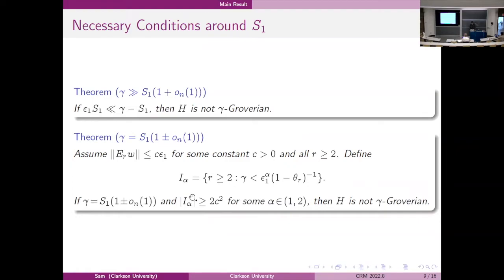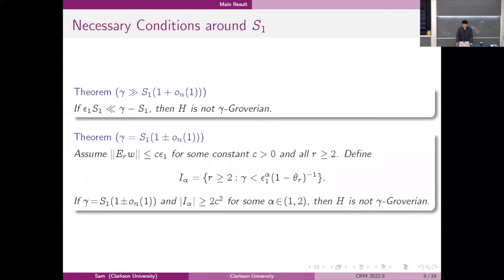So this set is counting how many eigenvalues would satisfy this condition. If gamma is around S1 and this set is bigger or equal to 2 times C squared, some constant, for alpha in between 1 and 2, then this H will not be gamma covariant.